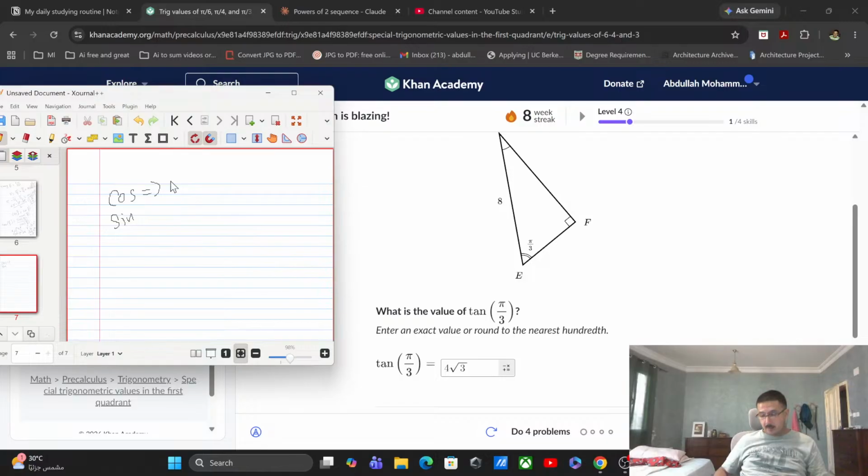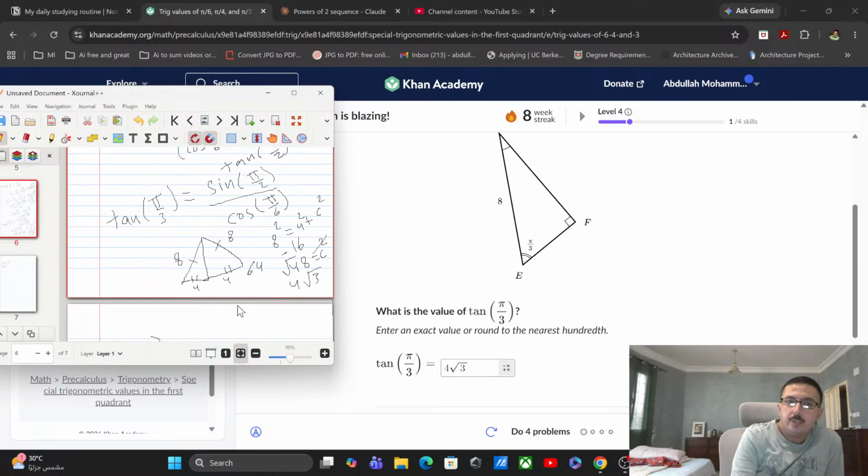Sine of something, tan of something is the opposite over the adjacent. The opposite over the adjacent. This is the opposite, or this the adjacent, which is, what did we say?